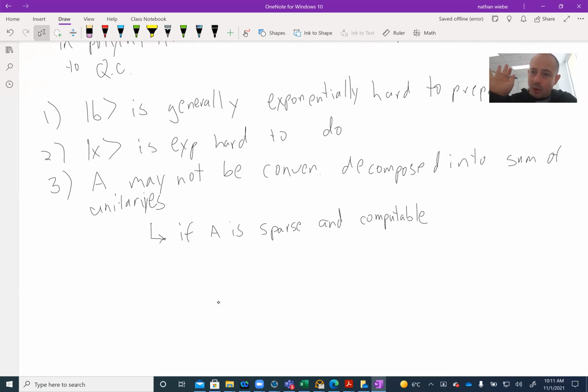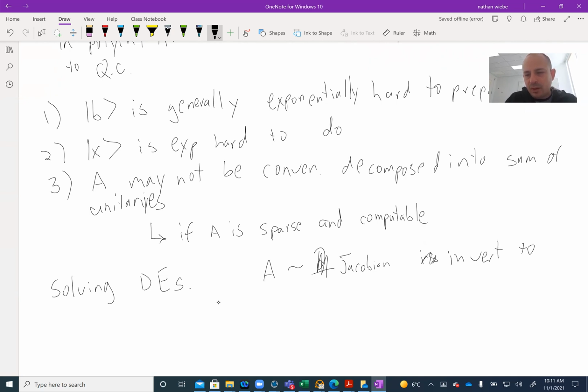I would say that probably the most promising approach for this is solving differential equations, where basically the whole idea, in that particular context, is you take A to be an approximation to the derivative operator, or the Jacobian. And then what we do is we invert to find the solution.